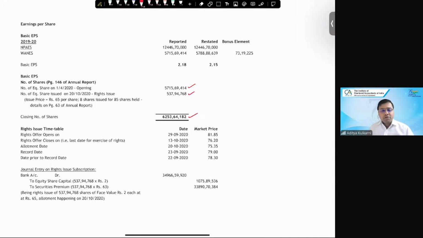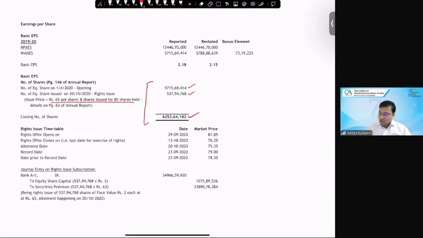This was the number of shares we saw in the share capital column. Are you able to understand? Yes, you remember this figure, right? Yes, sir. Okay, so this is the first working, number of rights shares issued, 8 shares for 85 shares at rupees 65 per share.